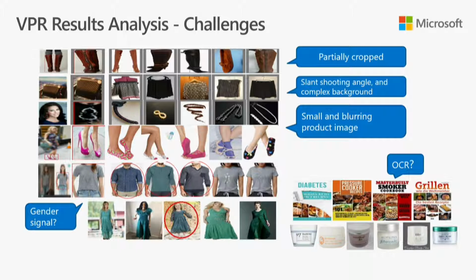Another example is a woman with a T-shirt, but after we crop the product, we get only the T-shirt and lose the gender information. So the VPR returns ads for men's T-shirts, which is definitely not right.